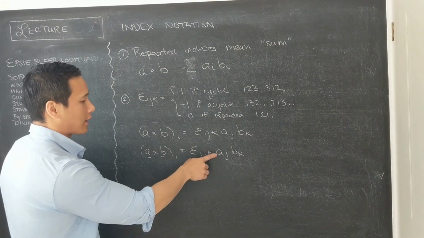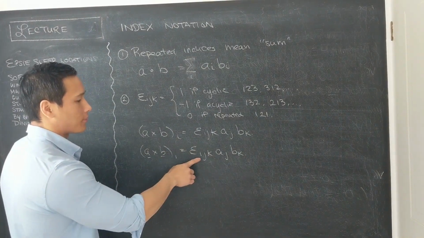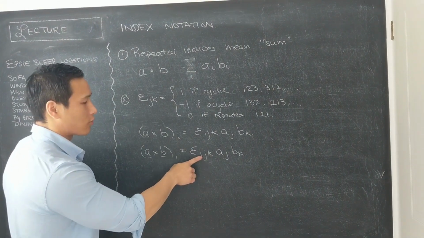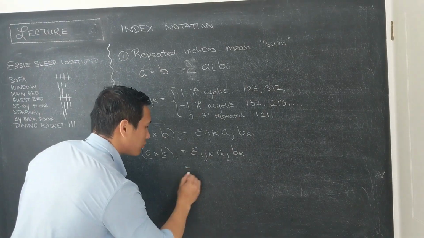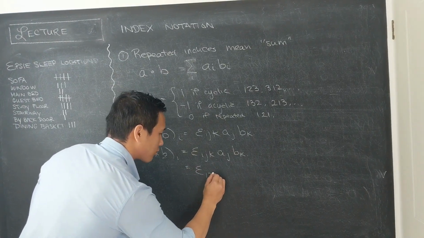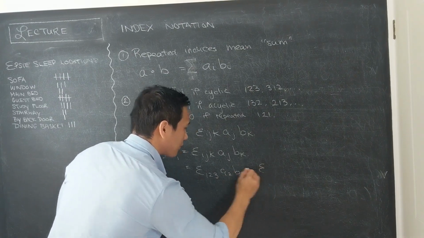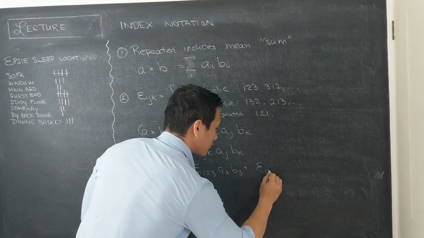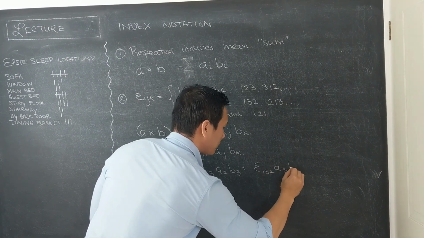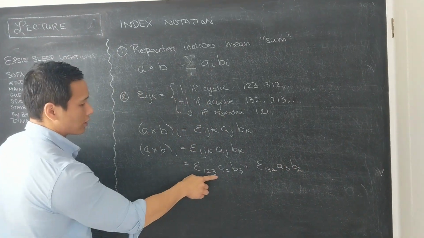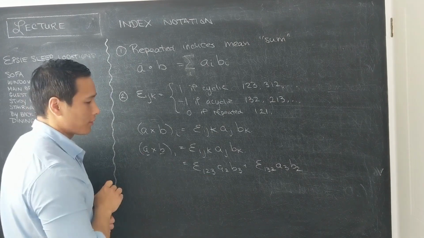In other words, I only have to include the unique combinations of 1jk, and there are only 2. There's epsilon 1, 2, 3, a_2 b_3, and there's epsilon 1, 3, 2, a_3 b_2, because all the other ones will include a repeating digit.